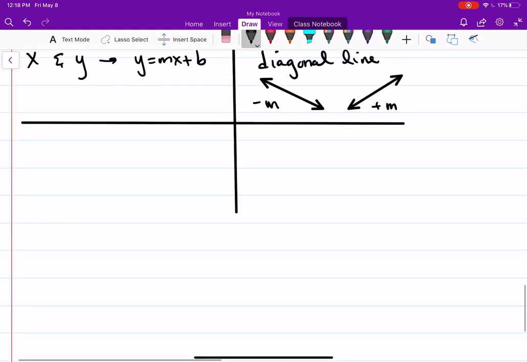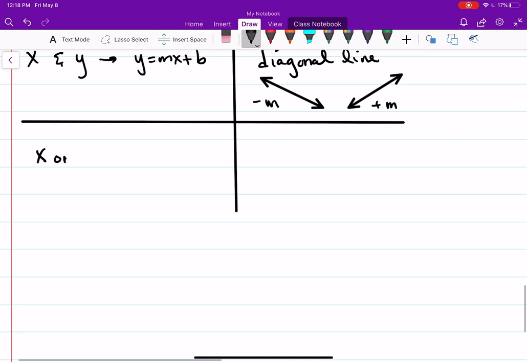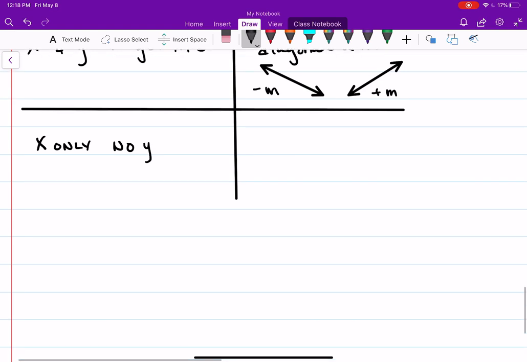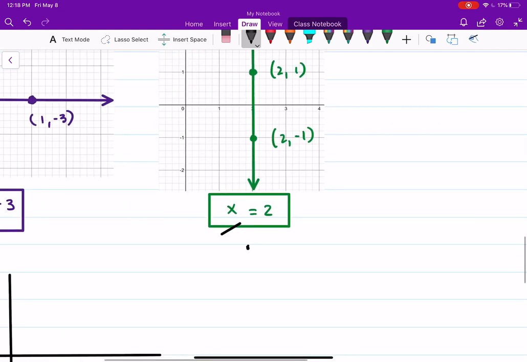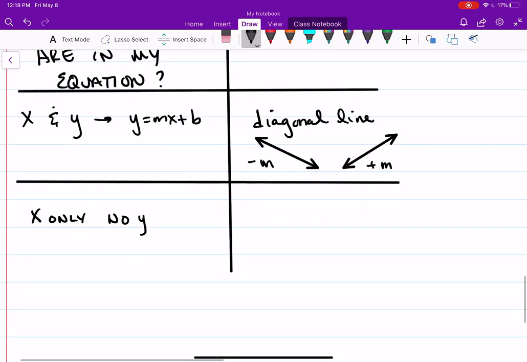If I have x only, meaning no y, which is this green one right here, that means I have a vertical line.